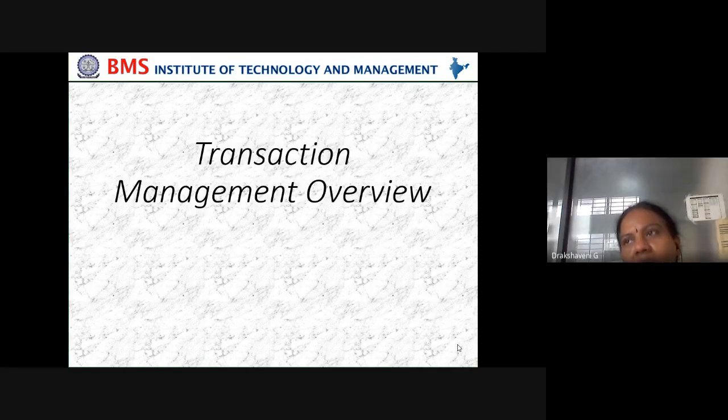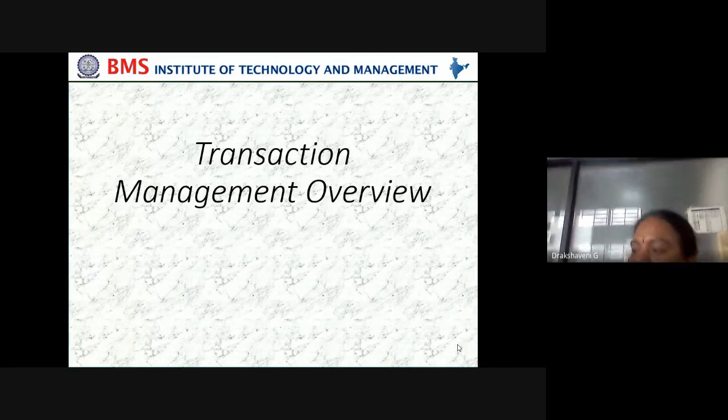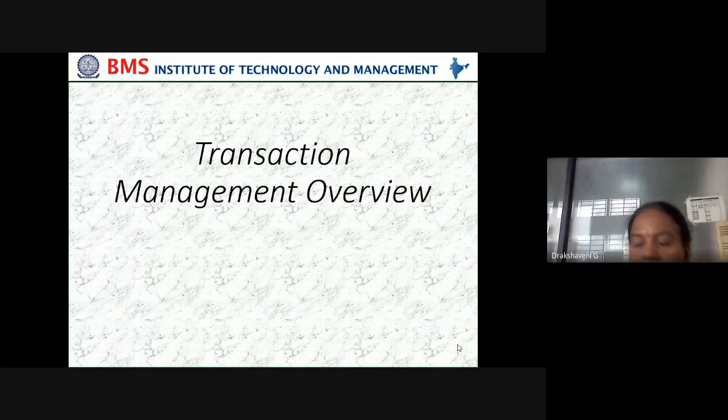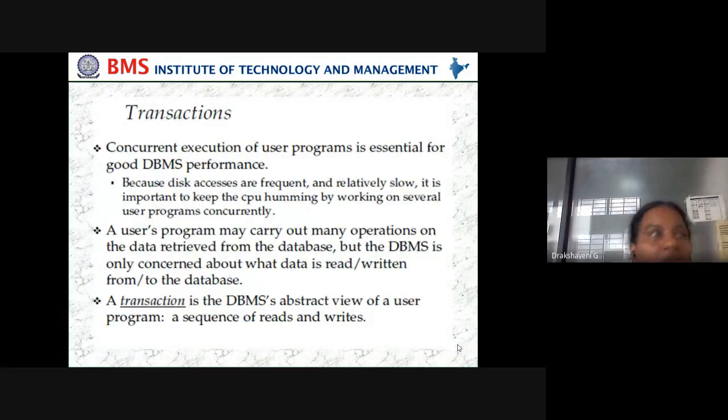If we consider banking, they have restricted transactions for one particular account: within a bank, only 5 transactions, and if it is to another bank, only 3. Why? Because of the huge population, and if everyone starts using more transactions, the database charges have to be implemented, because so many transactions increase the storage space. That's what we require transaction management for.